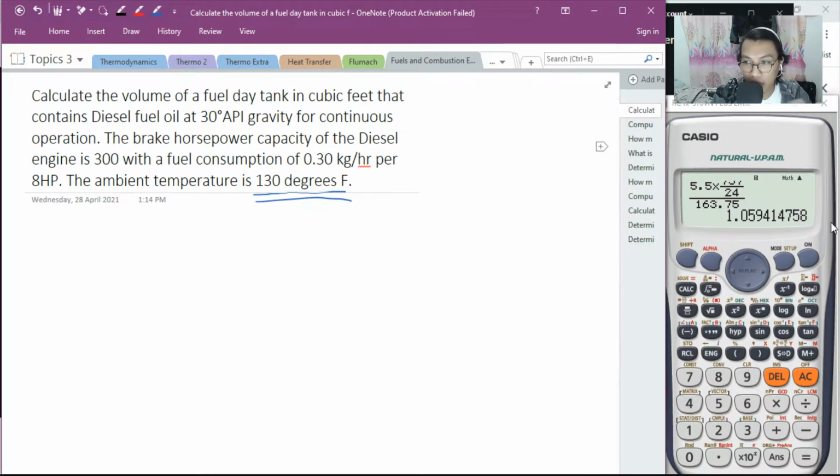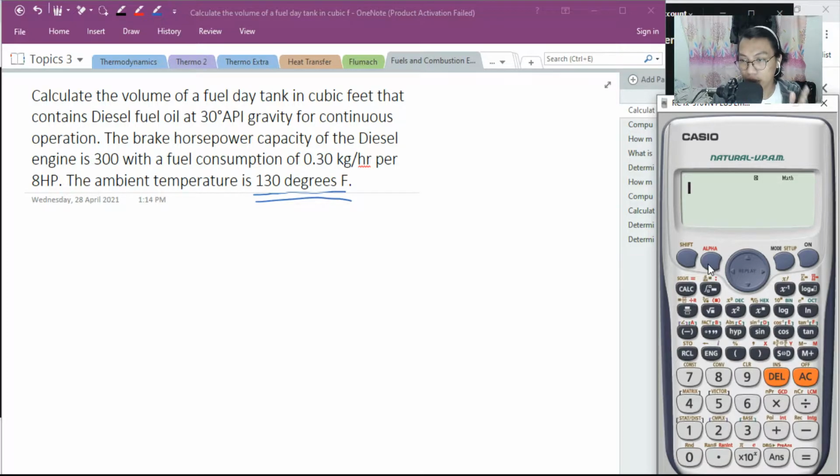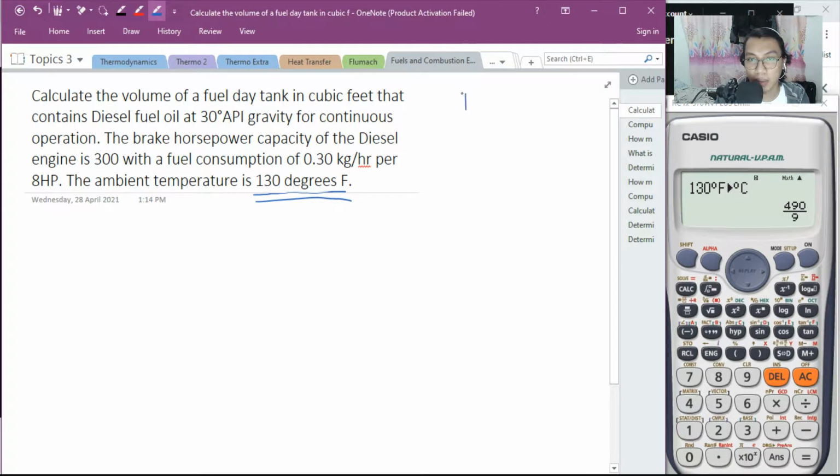So, convert mo na agad yung 130 degrees Fahrenheit to degree Celsius. Okay na yan. So, temperature of the fuel, that is 490 over 9 degrees Celsius para hindi malayo yung sagot natin. Okay, kaugalian nyo na yan. Gagamitin nyo yan sa board exam.